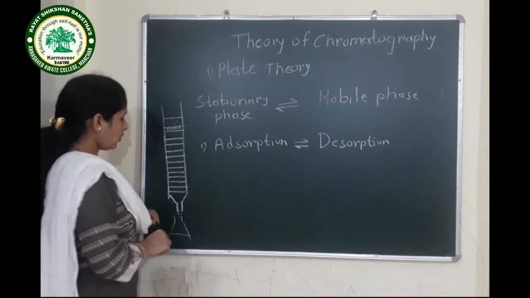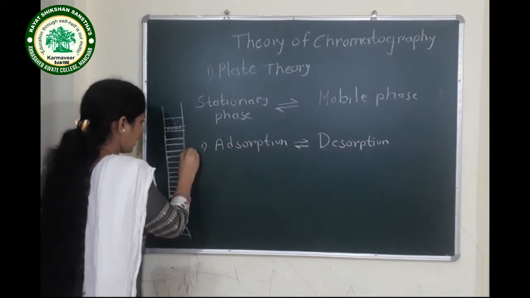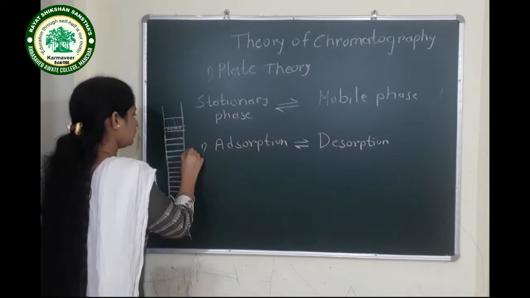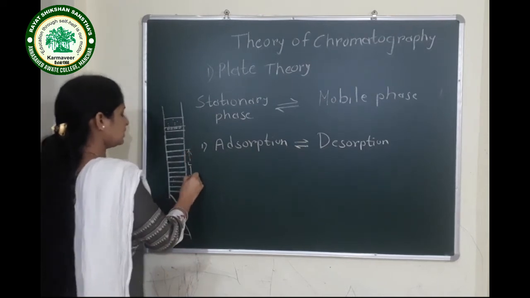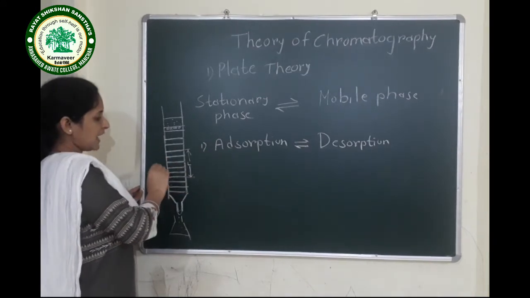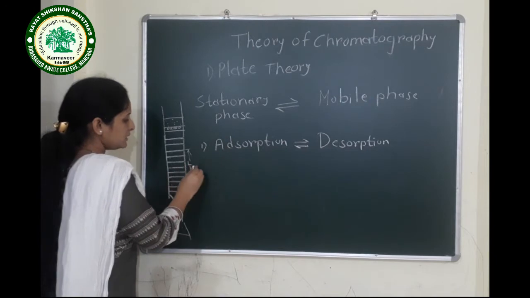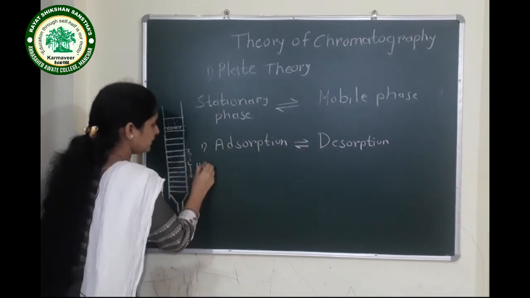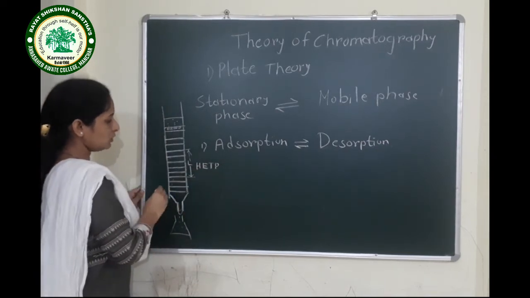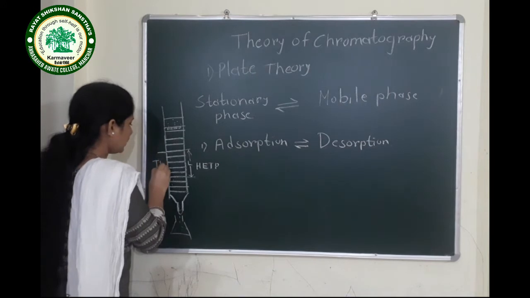Now there is some length of the column at which there exists the equilibrium between adsorption desorption and static equilibrium. That length of the column is called the HETP, height equivalent to the theoretical plate. This length is the theoretical plate.